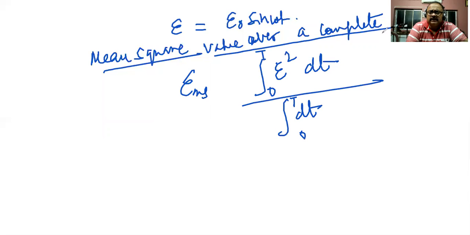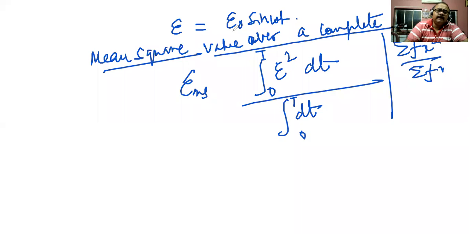That means the same logic that you normally use for sigma f x square by sigma f. The same concept that you use over there, where the values are actually discrete, but over here the total value is continuous. So this is E mean square. Let me just do that.